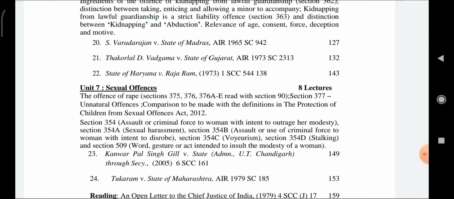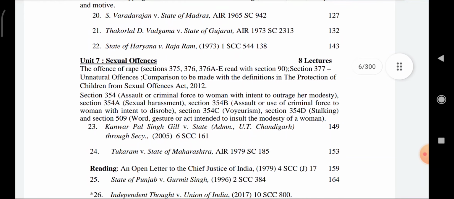Section 354C, voyeurism. Section 354D, stalking, following someone, that is considered stalking. Section 509, word, gesture, or act intended to insult the modesty of a woman.